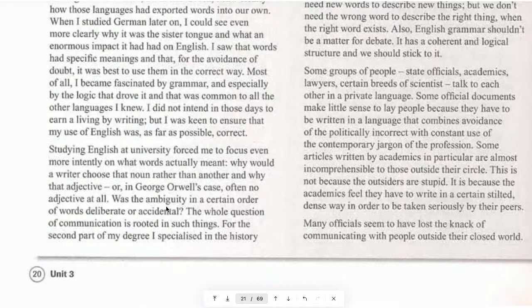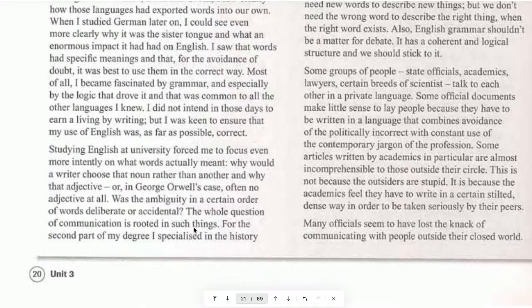Yeah, so you mentioned two sentences here. Was the ambiguity in a certain order of words deliberate or accidental? The whole question of communication is rooted in such things. Okay, now explain why. What does that mean? Because you can read that or whatever, but if you can't explain, then it's meaningless.